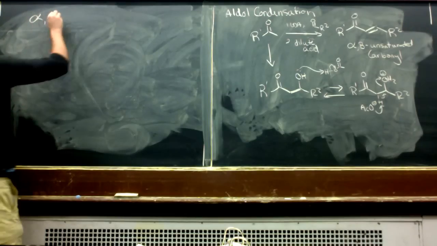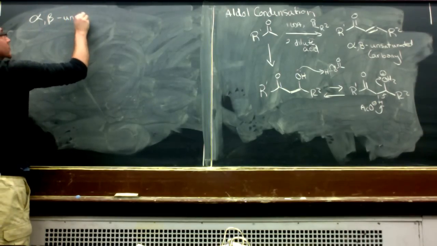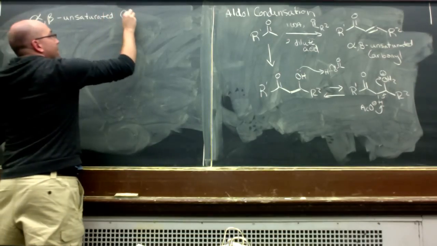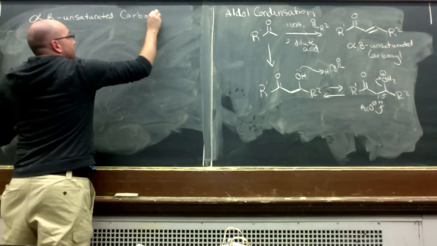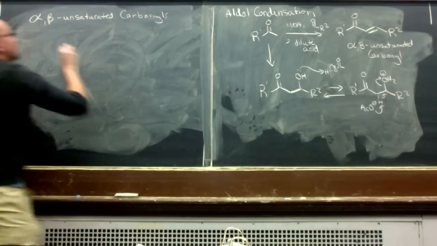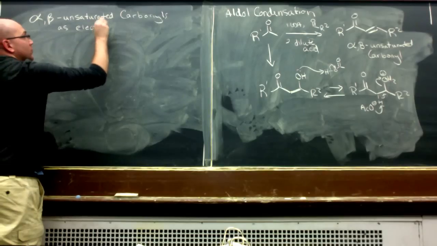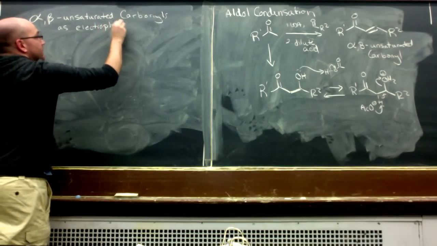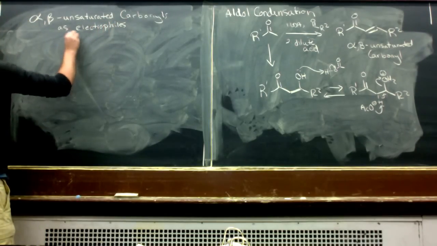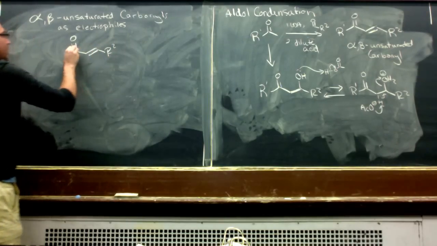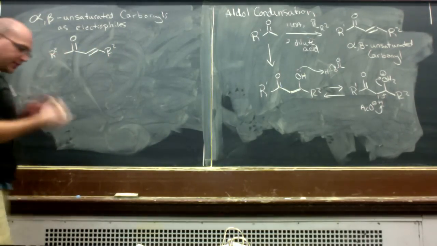This will answer this question from earlier. Now you know how to make those. Okay, so alpha-beta unsaturated carbonyls. I'll just go ahead and draw that exact same one there. Okay, this is the molecule.